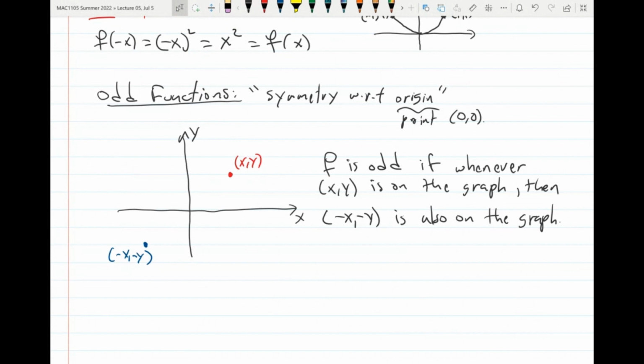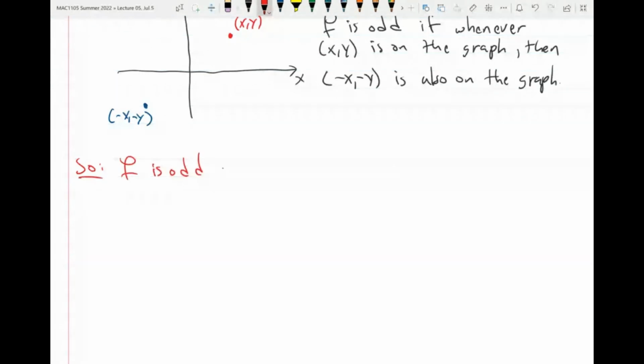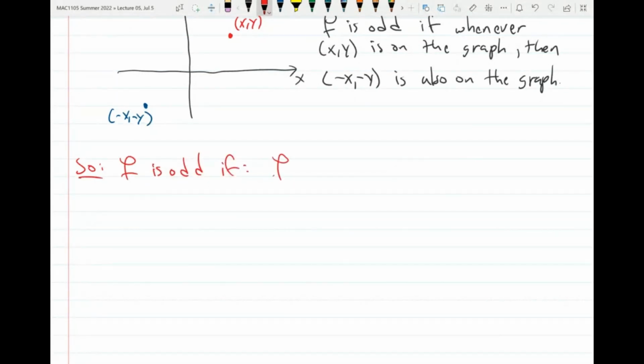In other words, f is odd if f of negative x equals minus f of x. Do you understand this? Remember, this right here is minus f of x because y equals f of x.